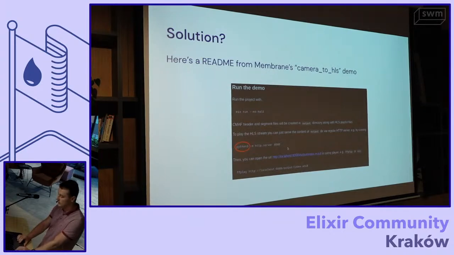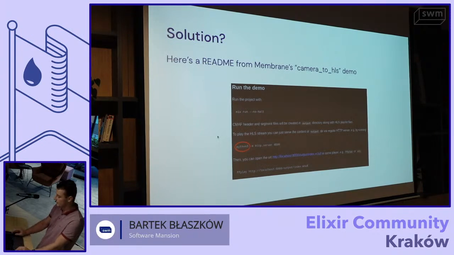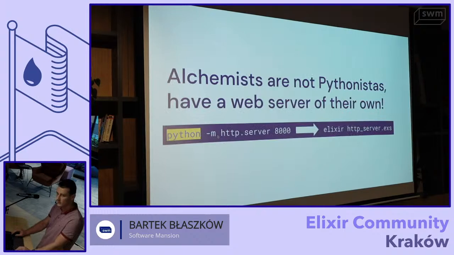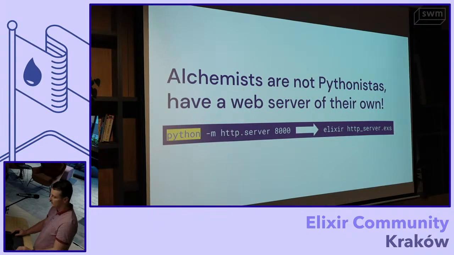And once again, we have an Elixir project, and all of a sudden we have a dependency on Python. We require someone to run Python. And yeah, we are all Elixir alchemists, programmers of Elixir, and most of us don't have to know Python and know such a tool exists.